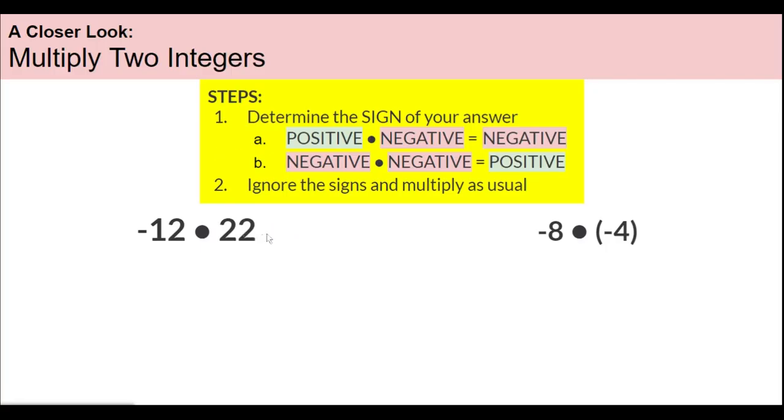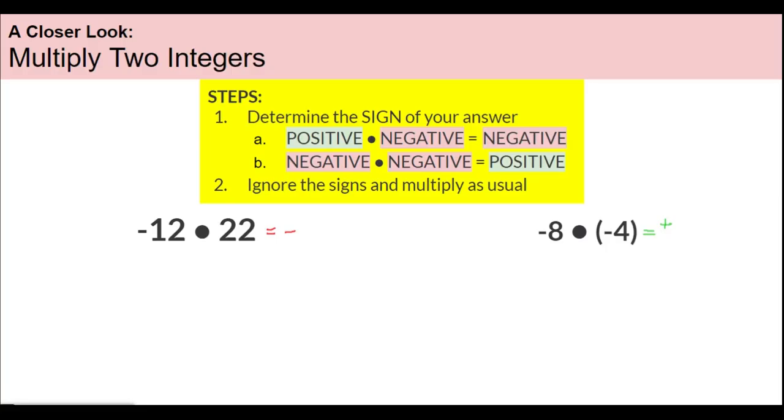And actually, I'm going to write it in red so we know this is negative. And then look at the other one. I have a negative and a negative. What's my answer going to be, positive or negative? Look up here. It says negative, negative. If I have two negatives, my answer is going to be positive. Now, usually we don't need to write the plus sign, but I'm going to do that just so we know. I'm going to put it in green as well.